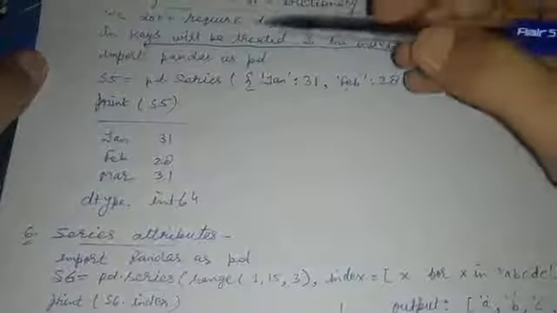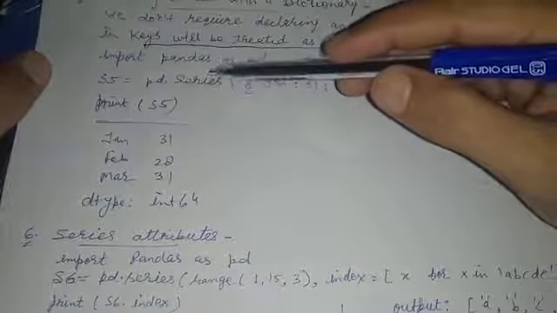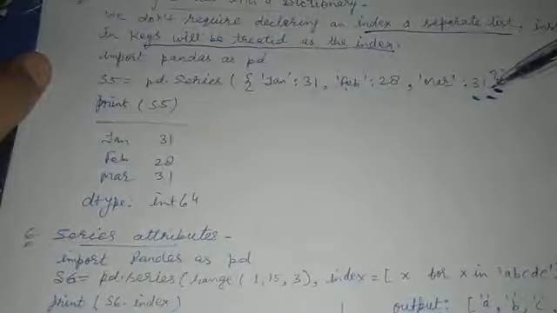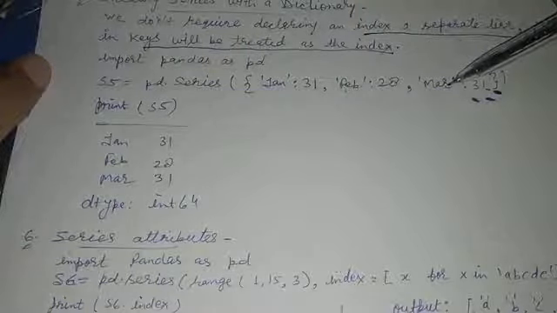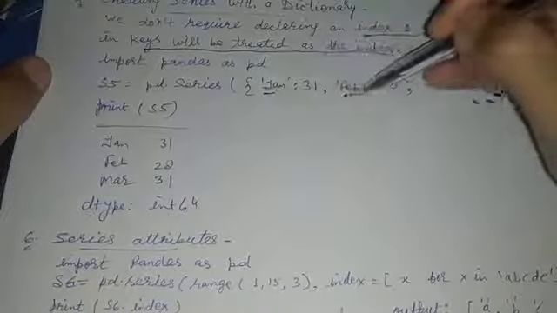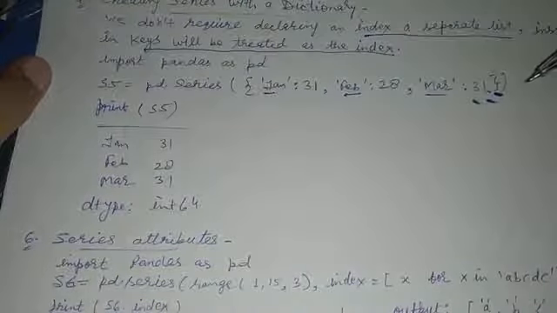It means whenever I create a series using a dictionary, I don't need to provide indexes separately. The keys from the dictionary will automatically be treated as the indexes for the series. So let's make a series with a dictionary.